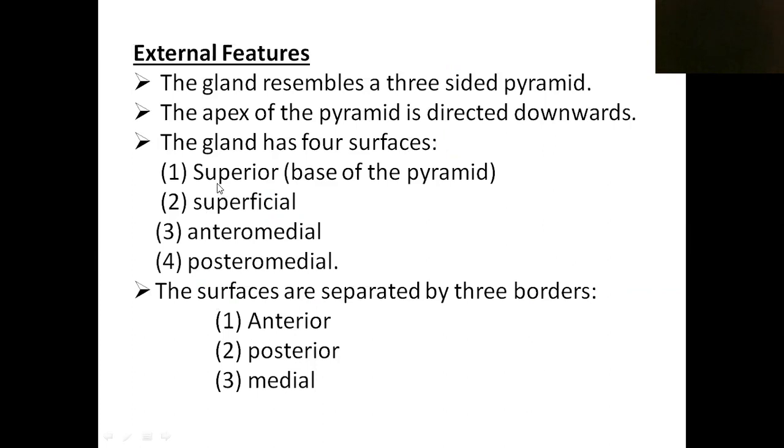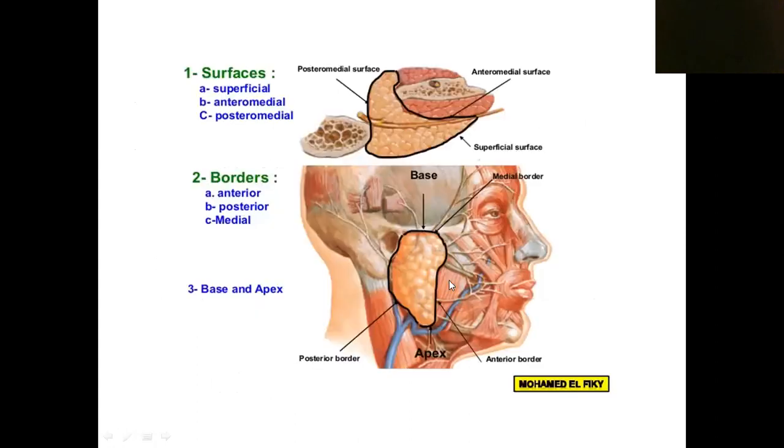It has three borders: anterior border, posterior border, and medial border. See this border, this is the anterior border, and this one is the posterior border. These two borders meet at the apex, and here is the base.